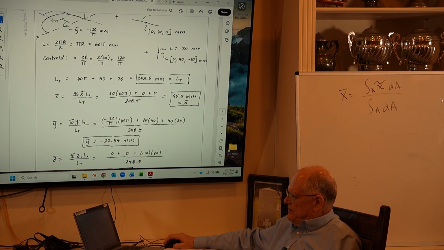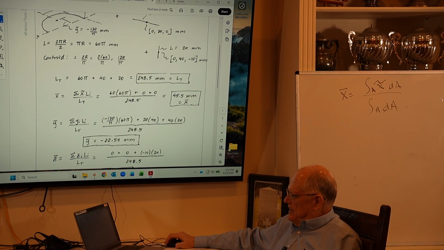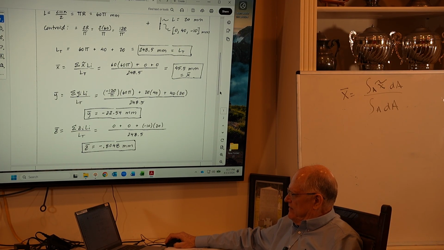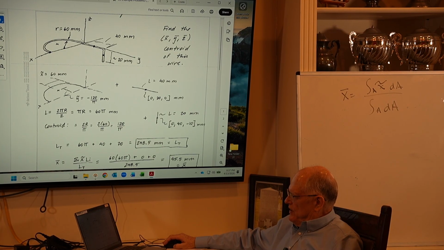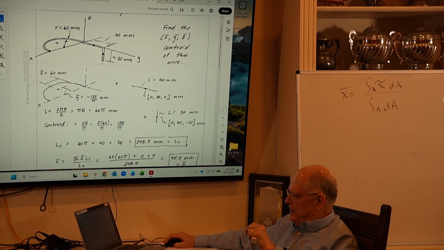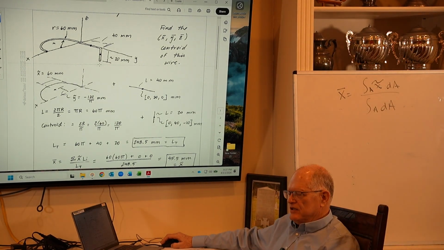The x tilde is the sum of x tilde L_i over L_T. The y tilde is that sum, and the z tilde is that sum. You end up with a z that's slightly negative, because the half circle lies in the xy plane, and this one lies in the xy plane, but this one is below the plane. So the composite centroid in the z direction is slightly below the plane.